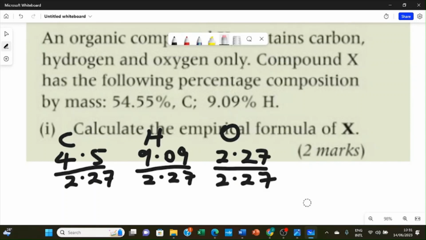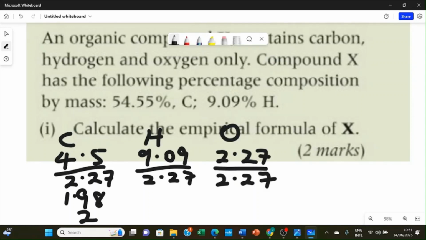4.5 divided by 2.27 is 1.98, which is approximately 2.